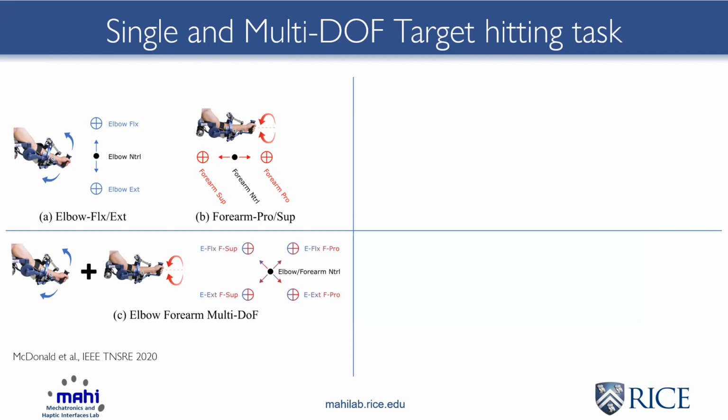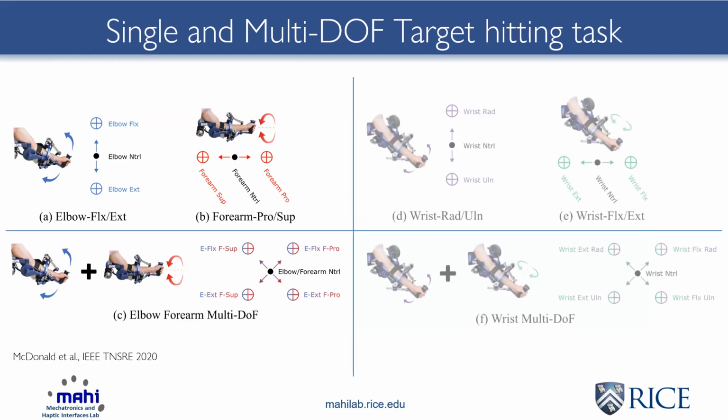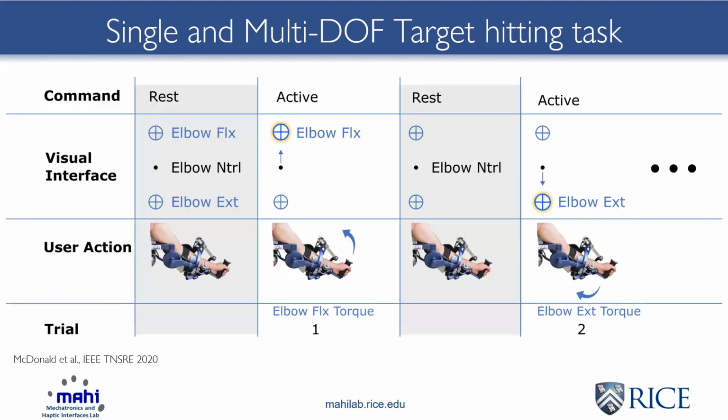Then we see a combination of these 2 pairs of degrees of freedom, giving us a total of 4 different targets among the elbow and forearm. Similarly, for the 2 more distal degrees of freedom of the robot, we have wrist radial ulnar deviation and wrist flexion extension. These again can be used for single degree of freedom movements, or they can be combined to achieve another 4 different targets that we want to hit.